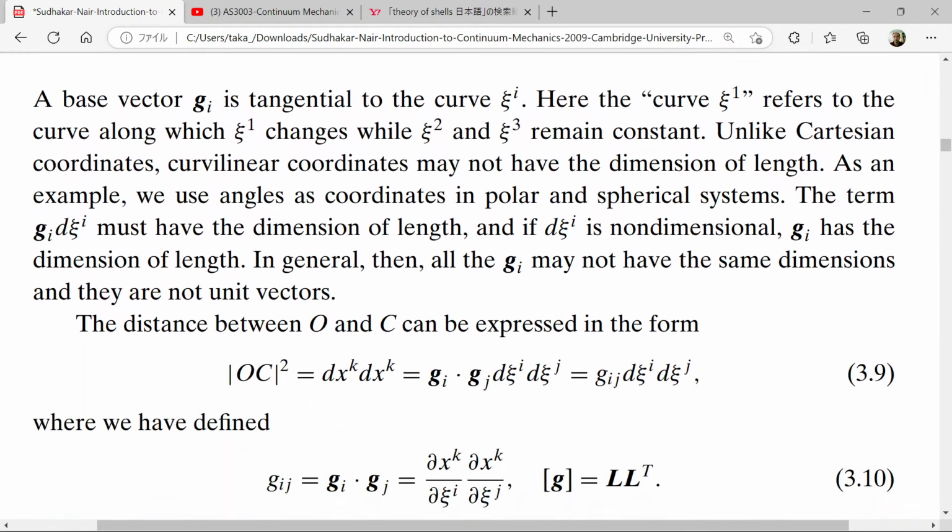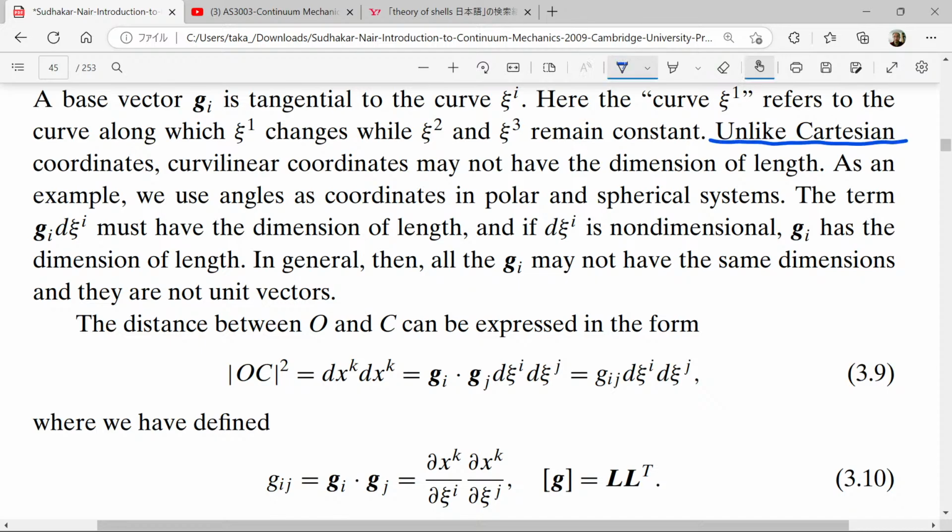The base vector g_i is tangential to the curve xi_i. Here, the curve xi1 refers to the curve along which xi1 changes while xi2 and xi3 remain constant. Unlike Cartesian coordinates, curvilinear coordinates may not have the dimension of length. This is interesting.